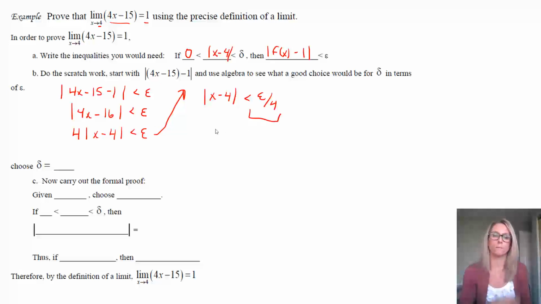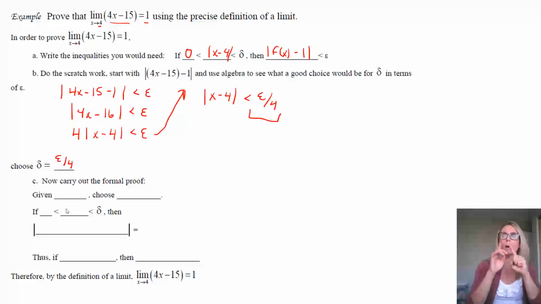So notice when the difference between the function and 1, that's the limit, is less than epsilon, the absolute value of x minus 4, the distance between x and what we're approaching, is less than epsilon over 4. So that tells us what we need for delta, epsilon over 4.